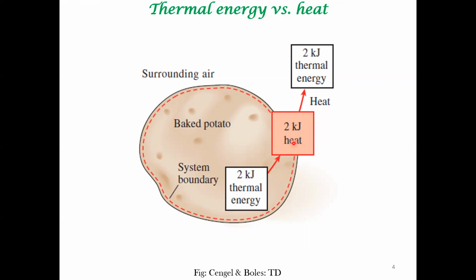So we can define thermal energy of a particular system. Especially, we can refer to the temperature of the system, and we can talk about thermal energy possessed by the system. But during thermal energy transfer, driven by temperature difference, that interaction at the system boundary is referred to as heat.